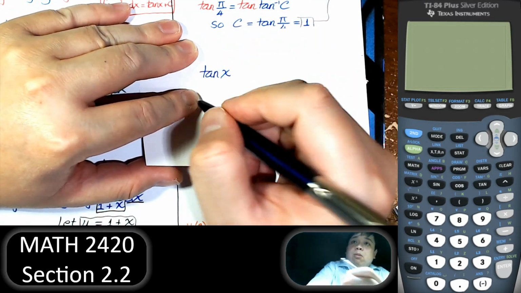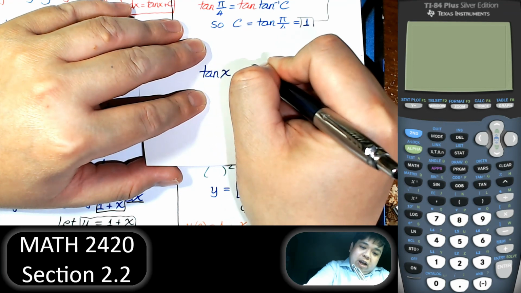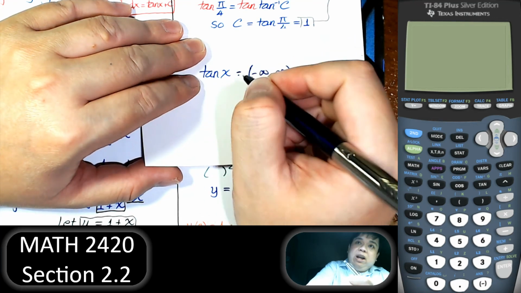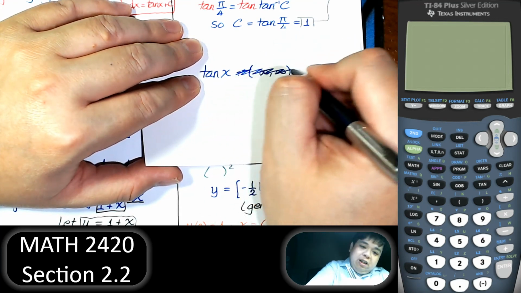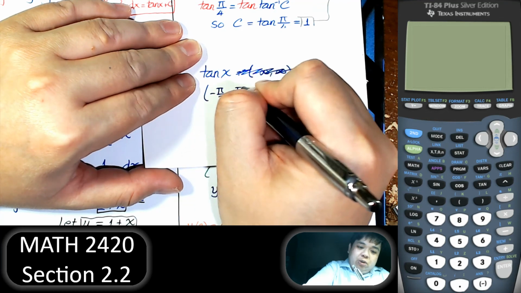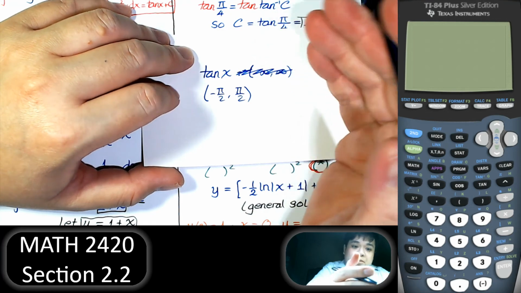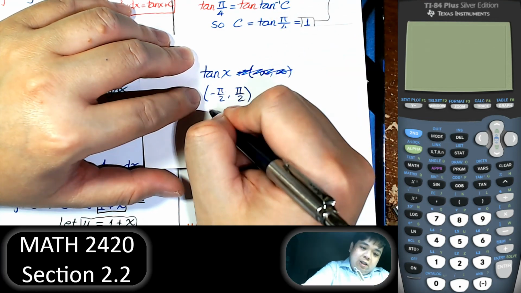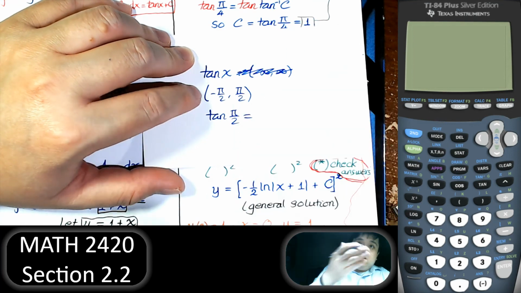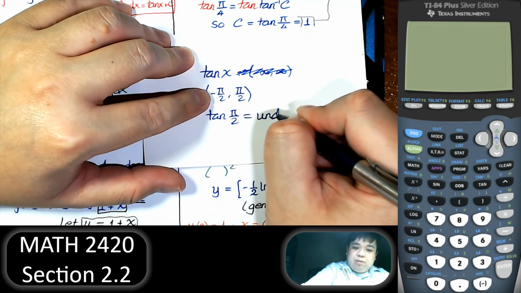Tangent of something will be from negative infinity to infinity. So the domain for x is only from negative pi over 2 to pi over 2. Because tangent of pi over 2 is sine of pi over 2 over cosine of pi over 2, which is 1 over 0, so this one is undefined.